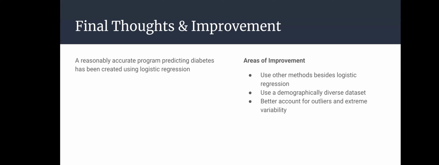And on the topic of variability, I think there are different methods that can be implemented to account for outliers and extreme variability that can sometimes be seen in the data set that we have used. So I think that if future studies touch upon these areas of improvement, it can create a program that is more accurate at predicting diabetes than the one I've created.